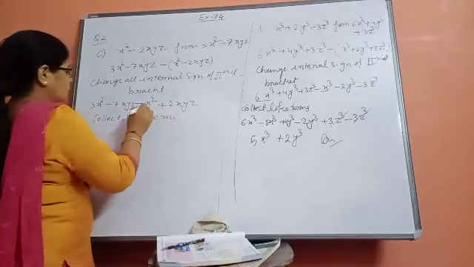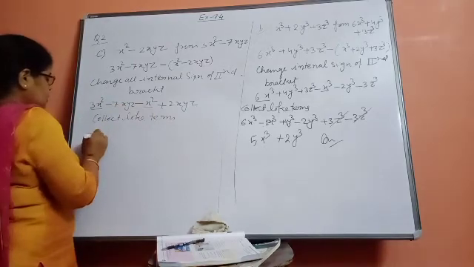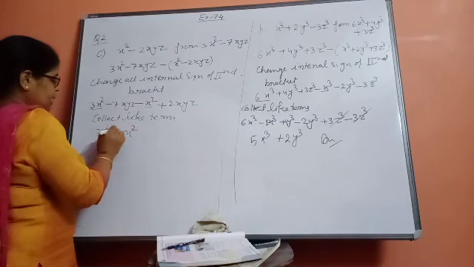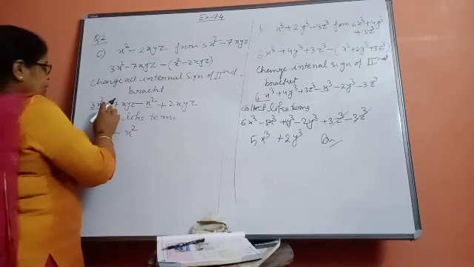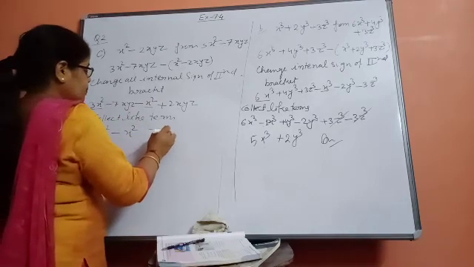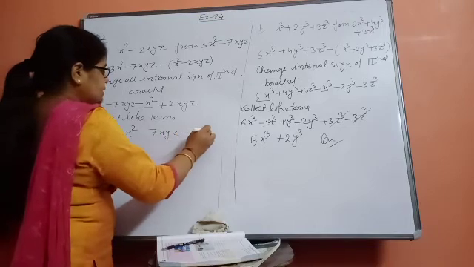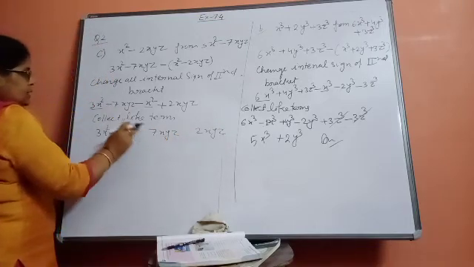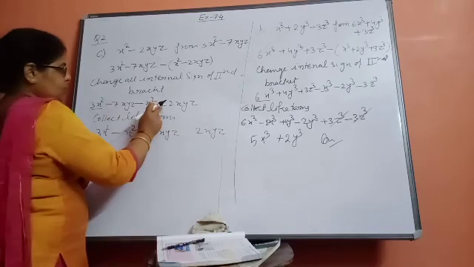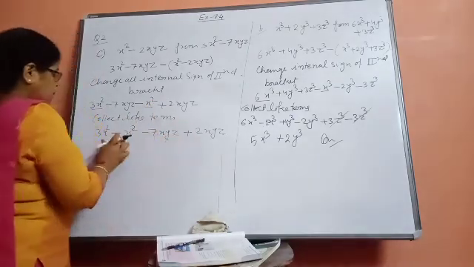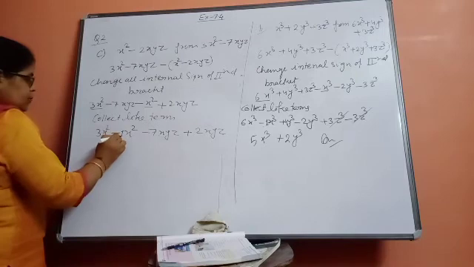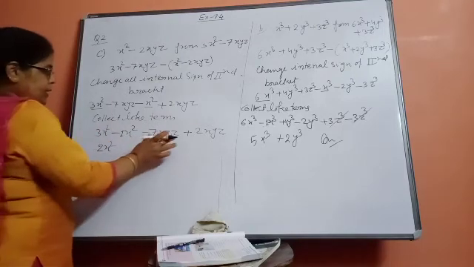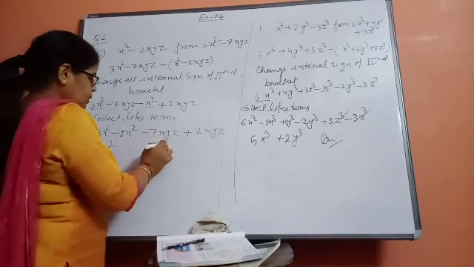So like terms are x square and 3x square. 3x square and minus x square. What sign does x square have? Minus, so put the minus sign. Then 7xyz and 2xyz. Okay beta, what sign does 7xyz have? Minus, and 2xyz has the plus sign. Okay, now see that here 3 minus 1, 2, 2x square. Here which rule will be applied?